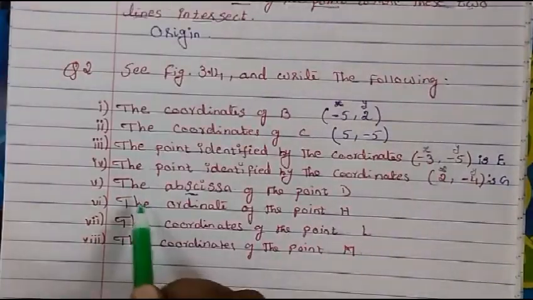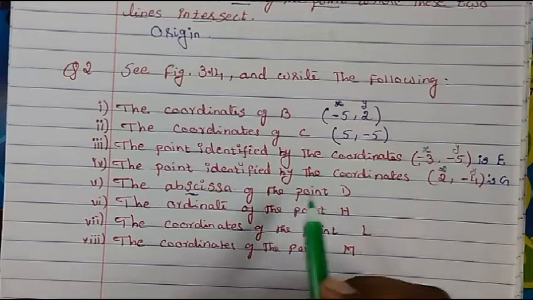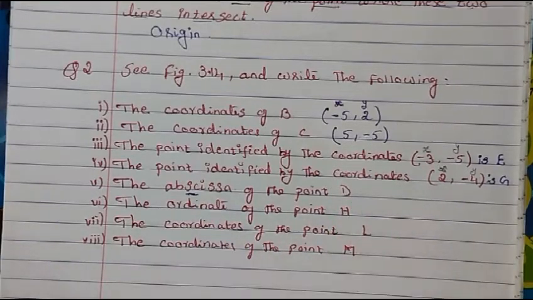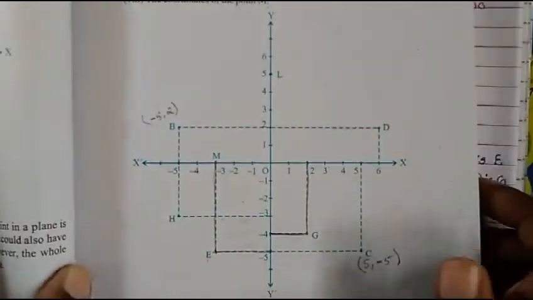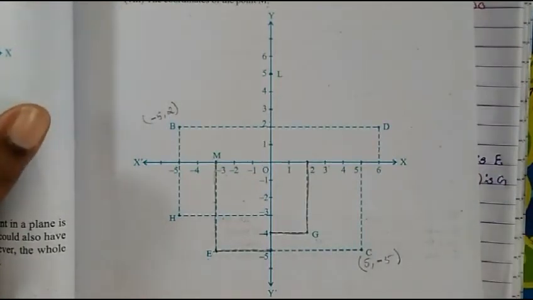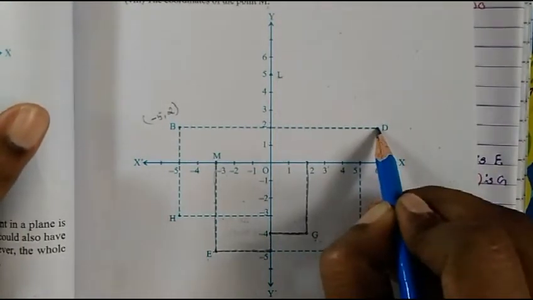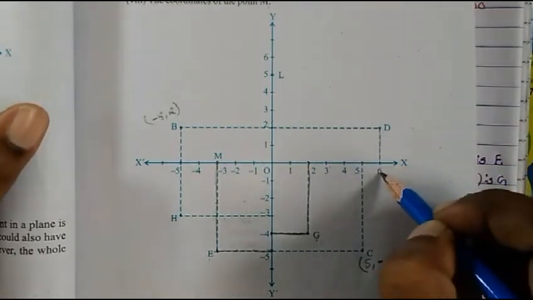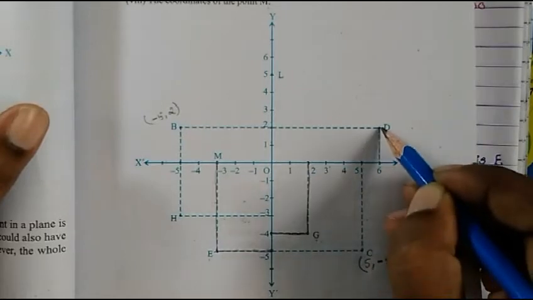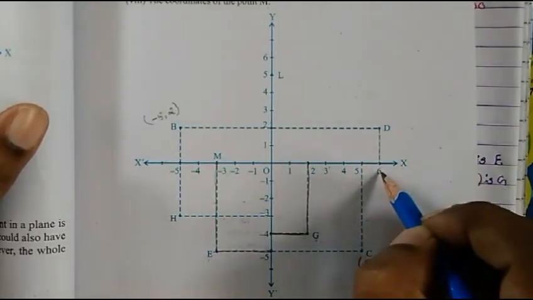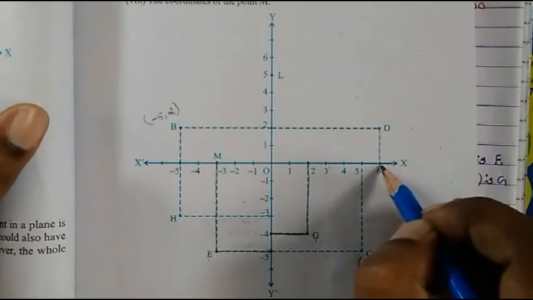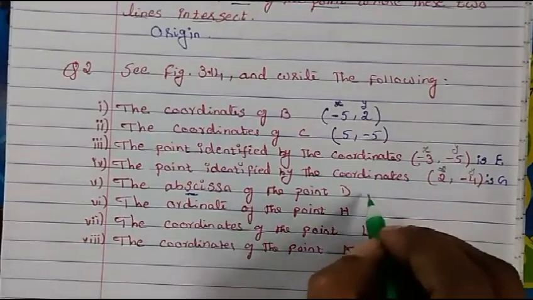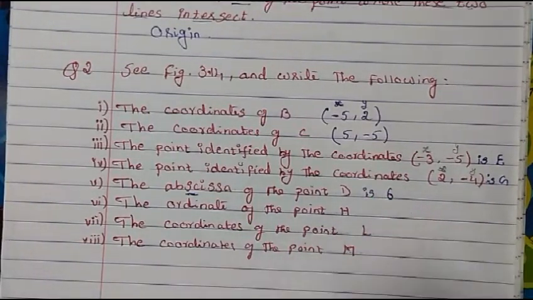So they are asking the value of x at point D. Point D is here. What is the value of x for point D? That is 6. So the abscissa of the point D is 6.